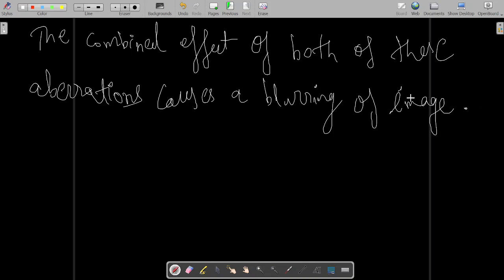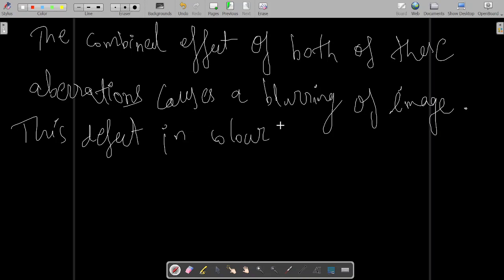Okay, this defect in color and definition, definition means how sharply the image is formed.